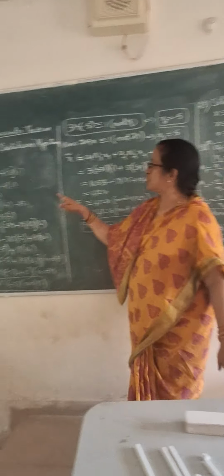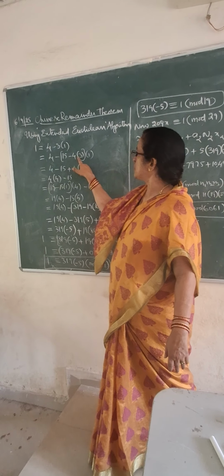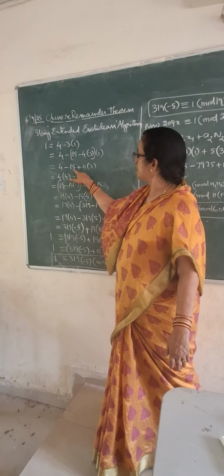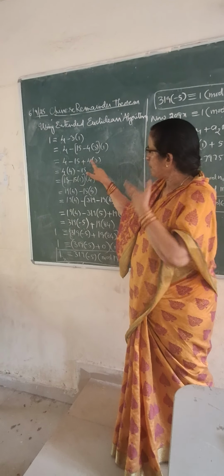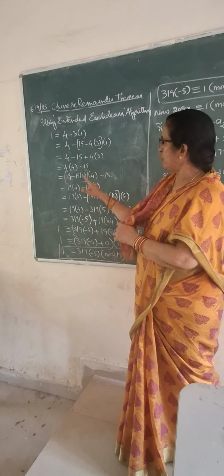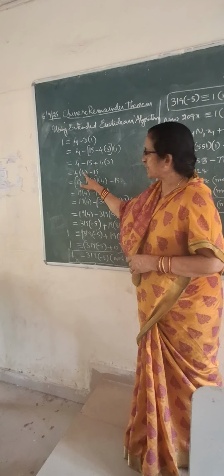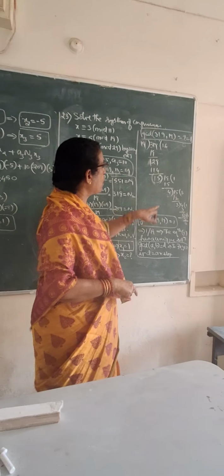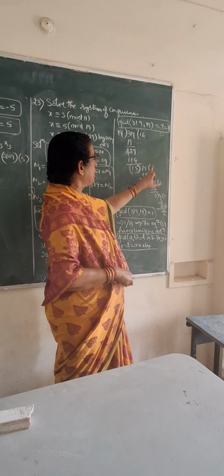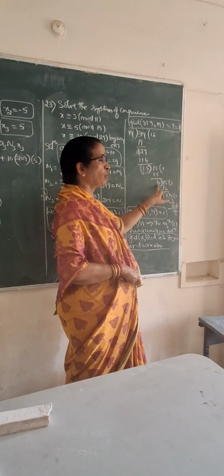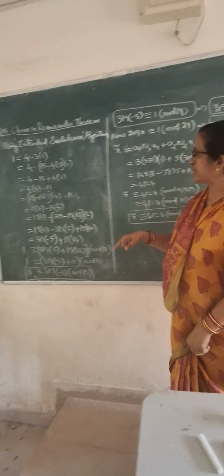So you substitute, instead of 3, 15 minus 4 into 3, that is 4 minus 15 plus 4 into 3. That is, how many times did we get 4? 4 times. And 15 has come only once. Once again, what is the remainder 4? How did we get remainder 4? 19 minus 15 into 1. So I am going to substitute that here.